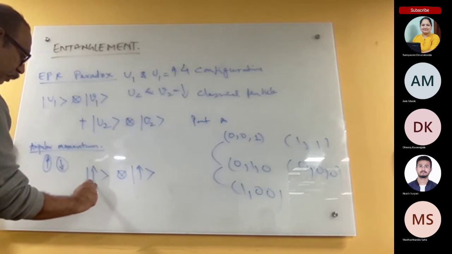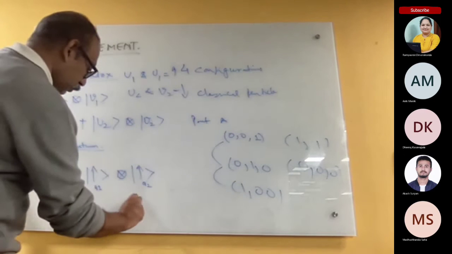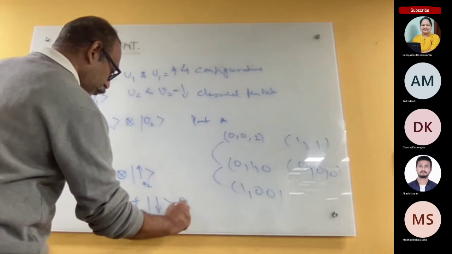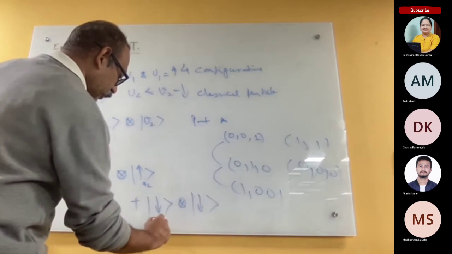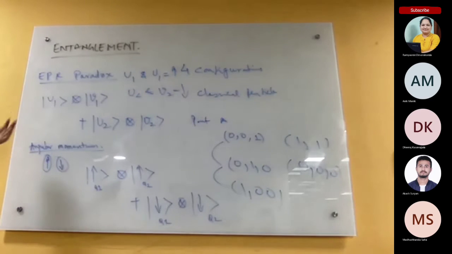This is for particle Q1, this is for particle Q2. Plus, you are saying some down state tensor product some down state, again for Q1 and Q2. So you are talking about two electrons, each with a spin up and a spin down.